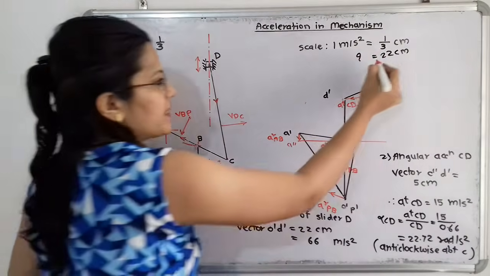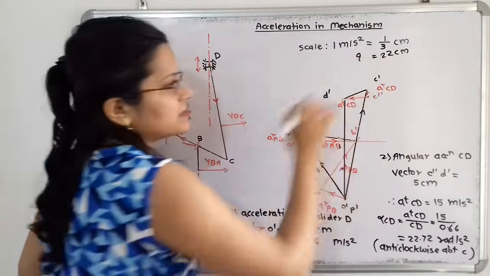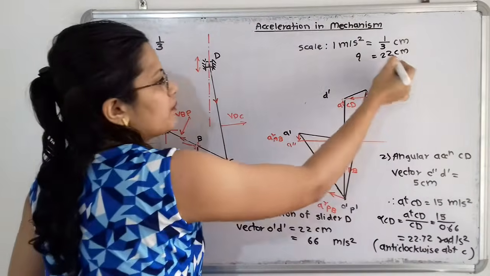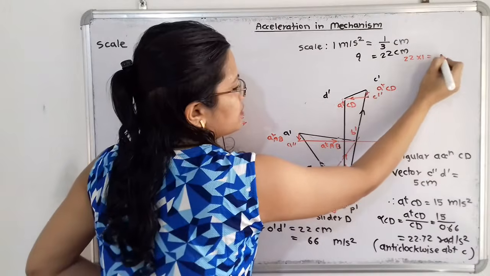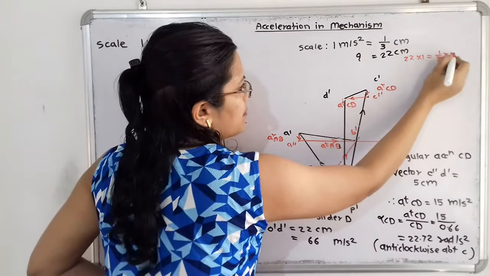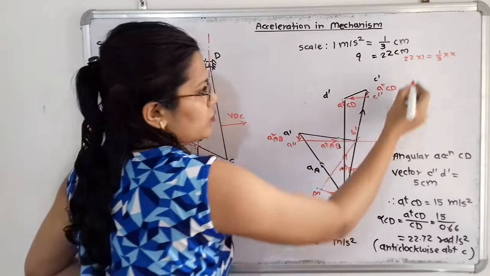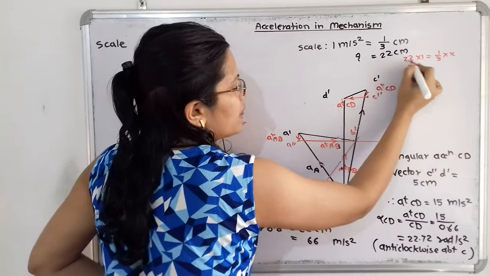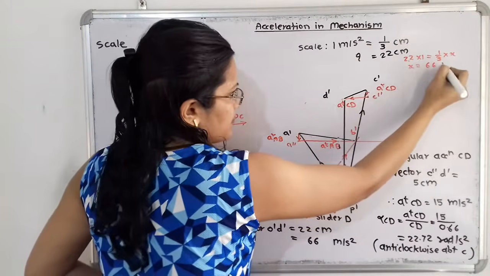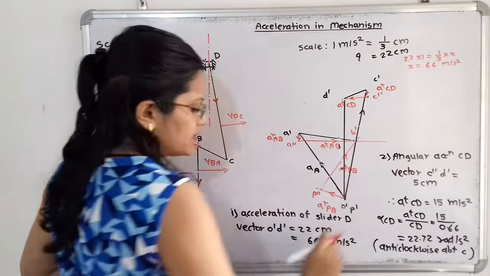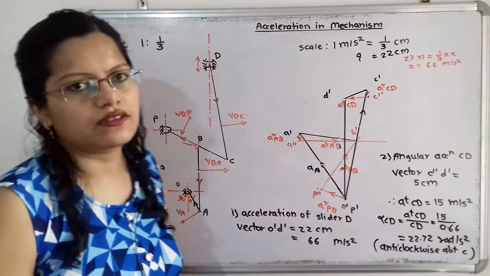So for 22 centimeters, here is the question mark. If we make cross multiplication, that is 22 multiplied by 1 is equal to 1 by 3 multiplied by x, where x is the unknown term. That is, x is equal to 22 multiplied by 3, that is 66 meter per second square. So the answer is 66 meter per second square.